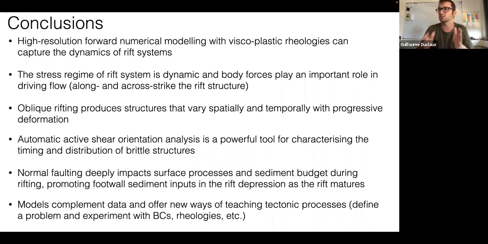You weaken your system if you've got melt, and people have been showing that before. I think Cynthia Ebinger and others have been showing that for the East Ethiopian Rift, and some modeling work has also been done by Duclaux, where he did some tests with melts in a model, and it does play a dramatic role.